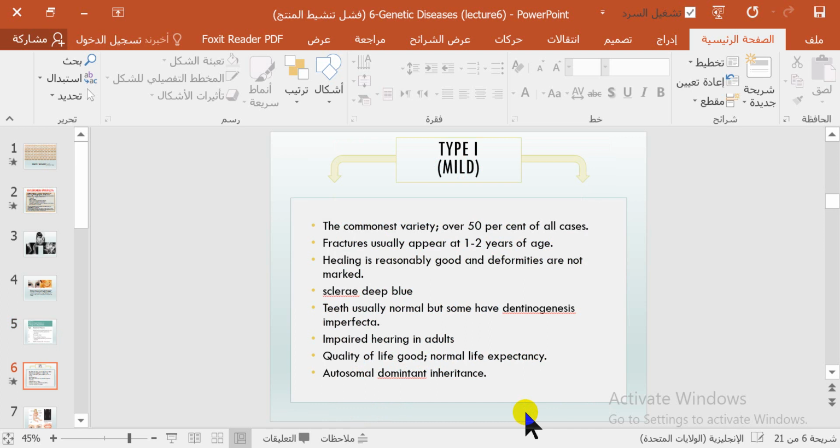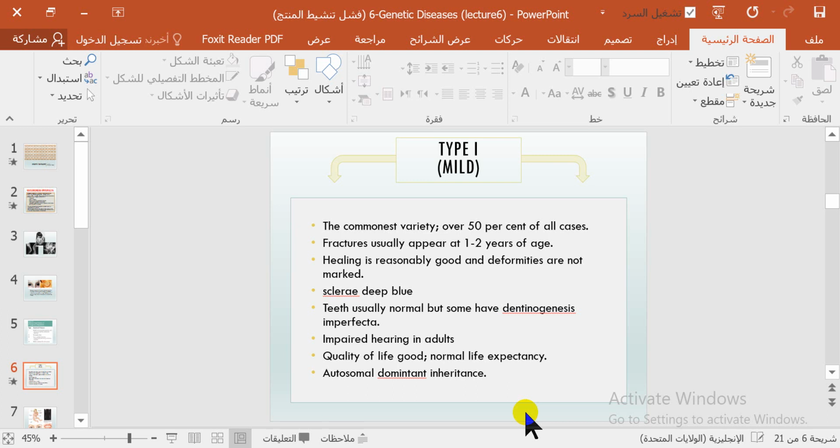Type 1 is a mild form, the commonest variety, and over 50% of all cases are type 1. Fractures usually appear within 1 to 2 years of age, healing is reasonably good, and deformities are not marked. Sclera deep blue, and teeth usually normal, but some have dentinogenesis imperfecta and impaired hearing in adults.